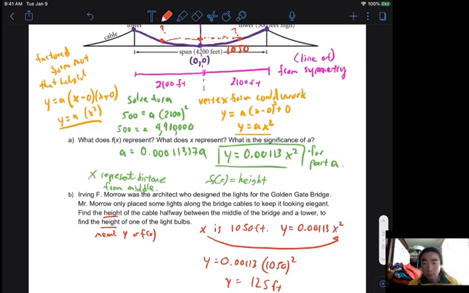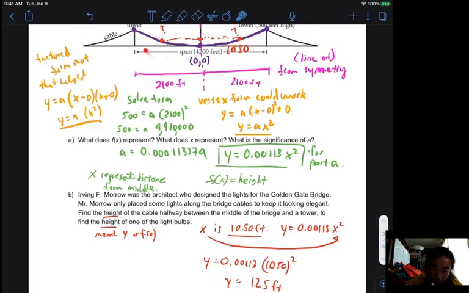So 150 may be the total distance. Careful what you plug in there, unless I read something wrong. Let me double check. Find the height of the cable halfway between the middle of the bridge and a tower. Middle's here, tower's here, halfway between the middle of the bridge and the tower.